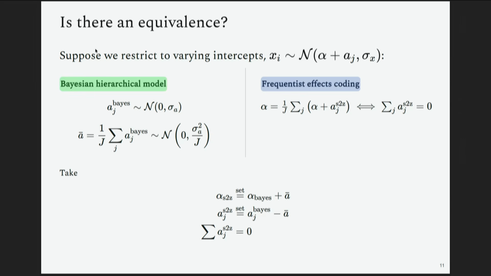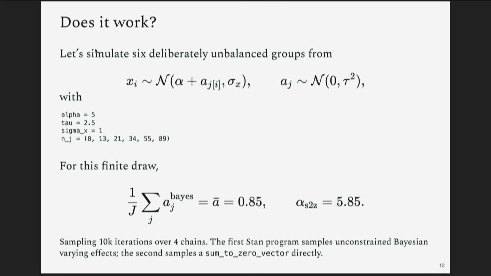So in the Bayesian world, what we can do is sum up our varying parameters, and then we can just take an average of those. Okay, so that's alpha, or sorry, A with the bar. And so our sum to zero thing, we just do that, and then we subtract the same thing. So we're just summing and subtracting, and it actually works out. You kind of have to believe me.